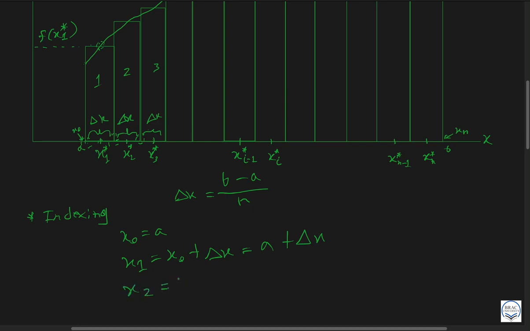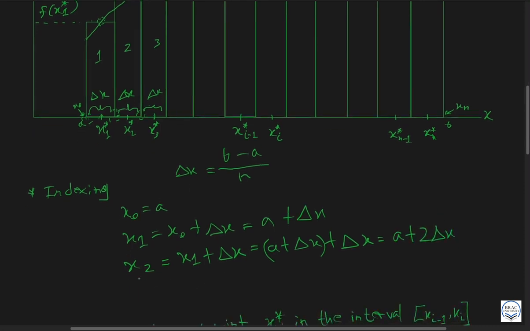Similarly, we can find x2: we start from x1 and move delta x towards the right. We know x1 is a plus delta x, so x2 is a plus 2 delta x. Similarly, we can find x3. You can work it out. It should be a plus 3 delta x, and so on.